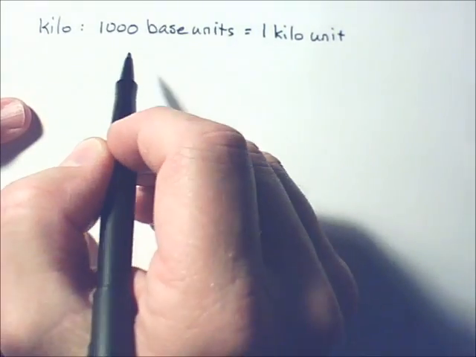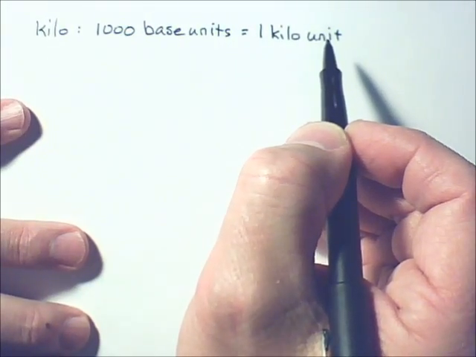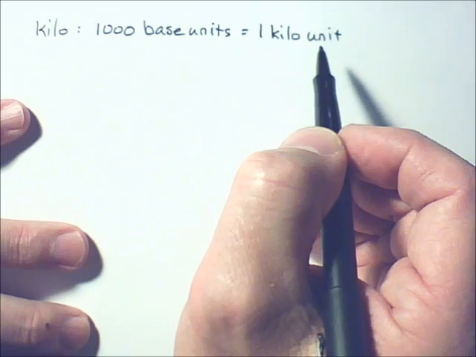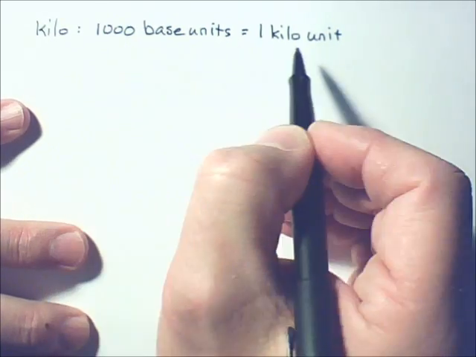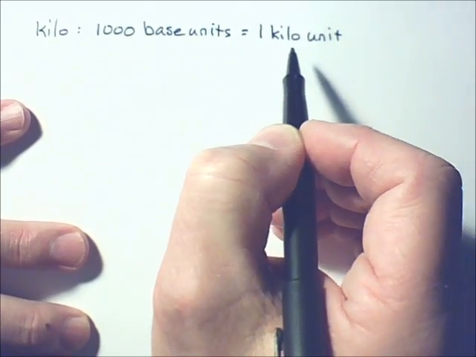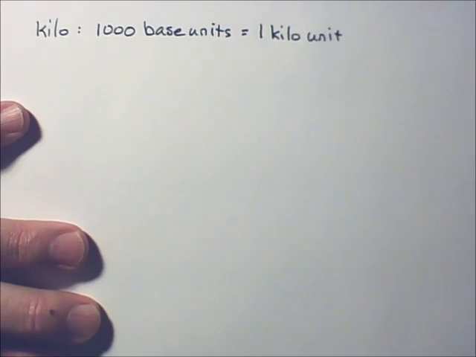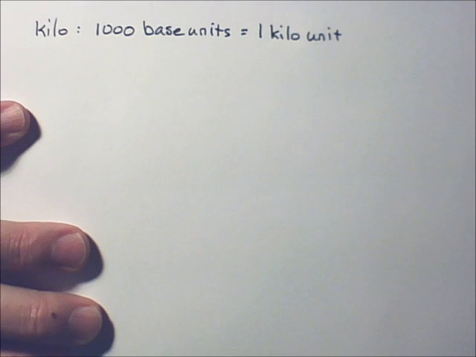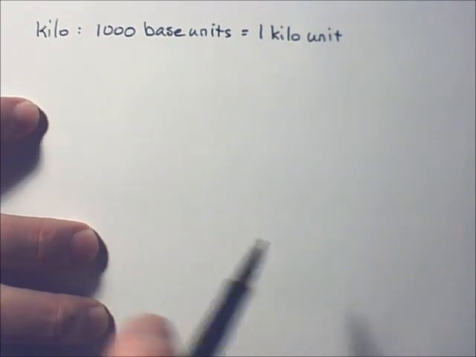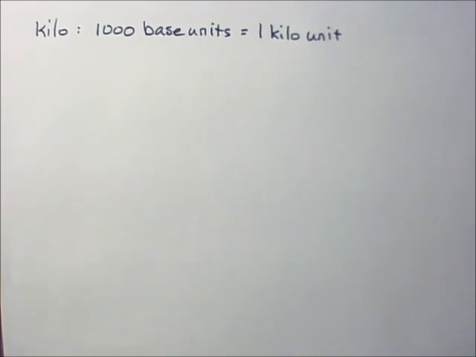So, that being the case, listen please, you should be able to tell me now how many kilo units are in one base unit. How many kilo units in one base unit? 1,000th. I don't know if that's what you said, but you were so quiet I couldn't quite hear the TH on the end.